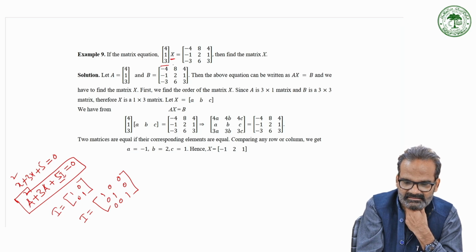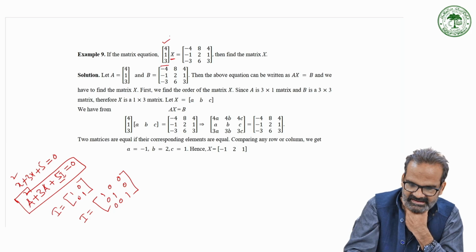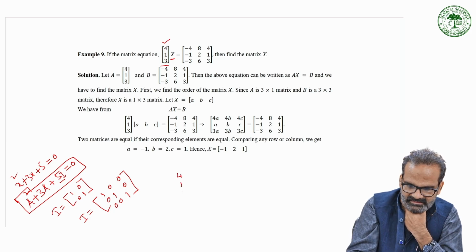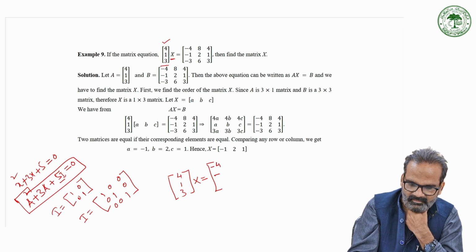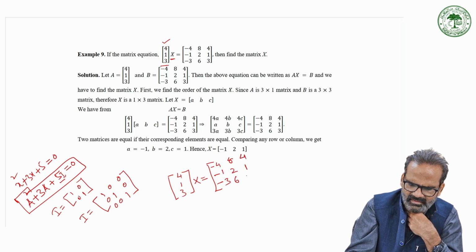The first matrix, 4 1 3, is a matrix. This matrix is multiplied with the matrix X, then the product comes out to be this matrix, minus 4, minus 1, minus 3, 8 2 6, 4 1 and 3.